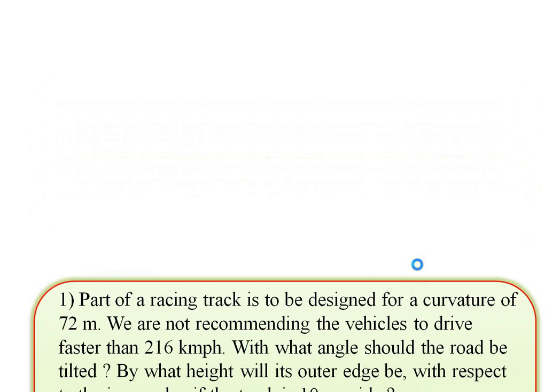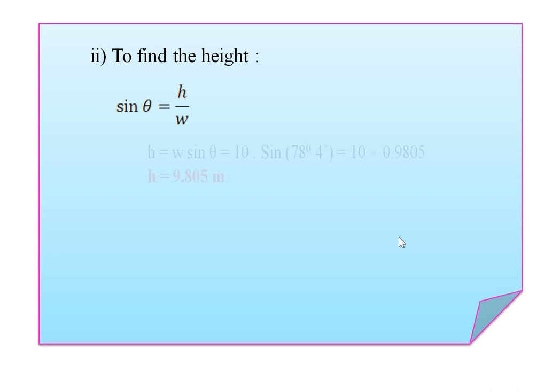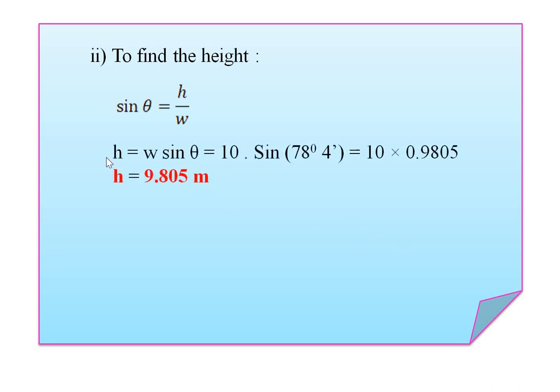Let's find the height. To find the height, sin theta is equal to h divided by w, that means the width. So h is equal to w into sine of theta. W is the width given in the data, 10, into sine of 78 degree 4 minute.